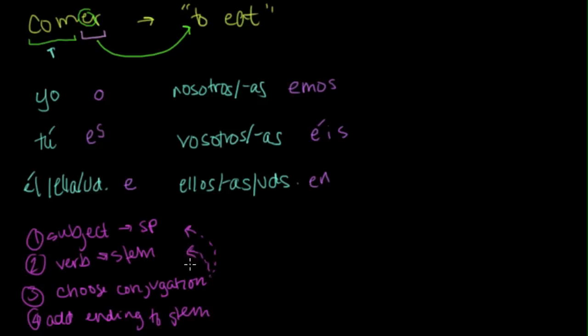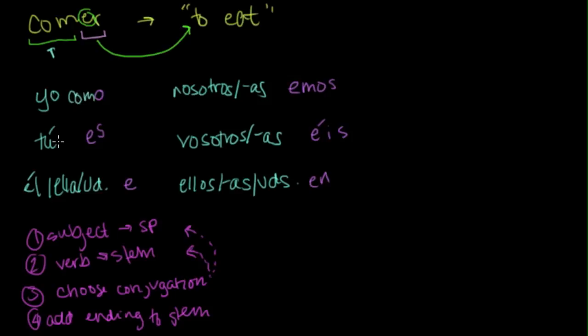So like that. Alright, so for this example we already know our verb, comer, and we know what our stem is, C-O-M. So over here, actually we can just do it right in here. So we're just going to add our endings to our stem.